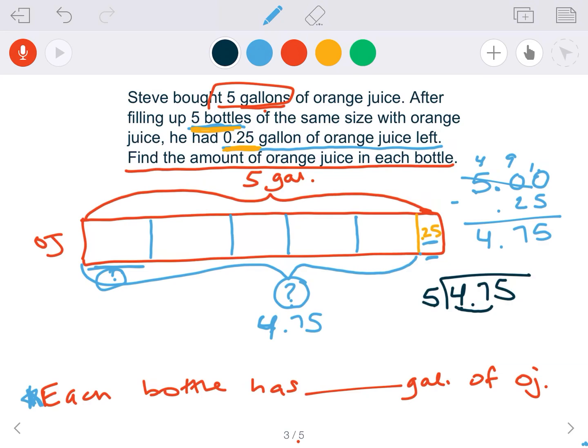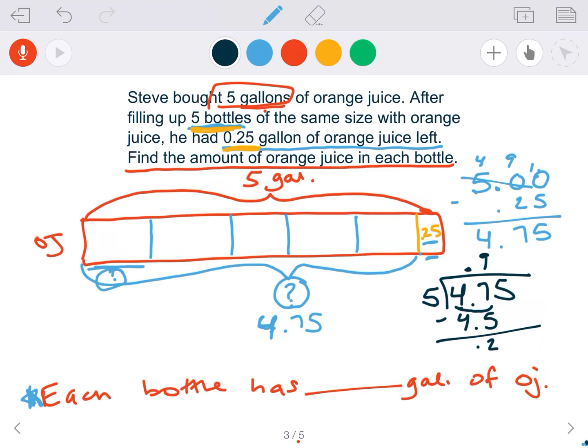What do I know about my multiples of 5 that's going to get me close to 47? Ooh, I know that 5 times 9 is 45. So 5 times 9 tenths is 45 tenths, because when you multiply tenths, you get tenths.